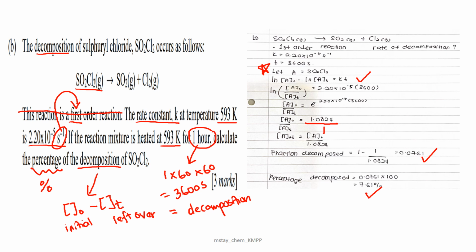So basically the marks given is 1 mark for the formula and then 1 mark for the substitution at where you can get the concentration left over, and the last one you will get the marks for the percentage of decomposition. So get 3/3 for this.